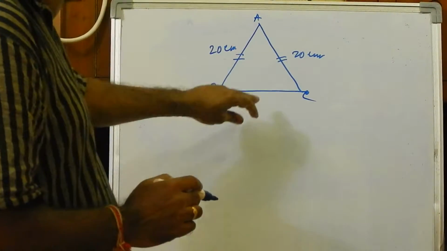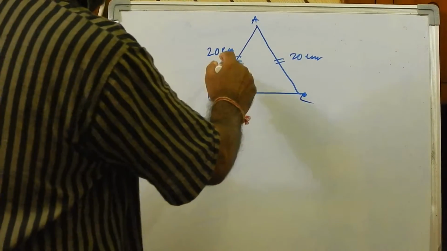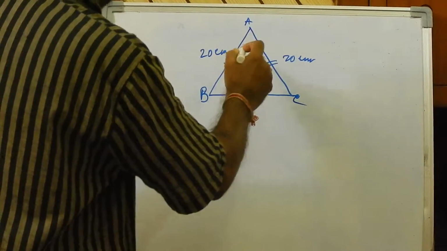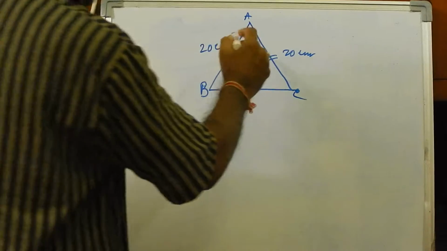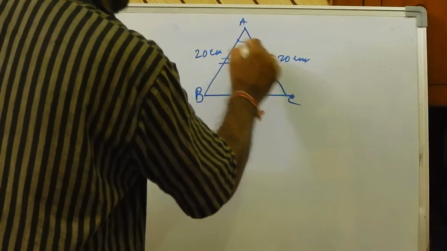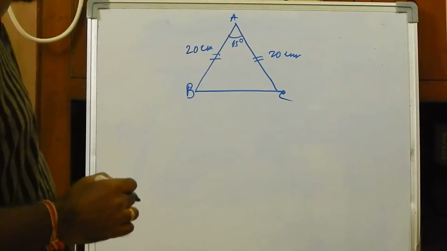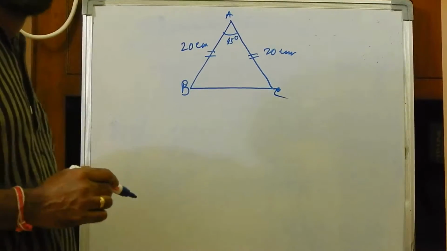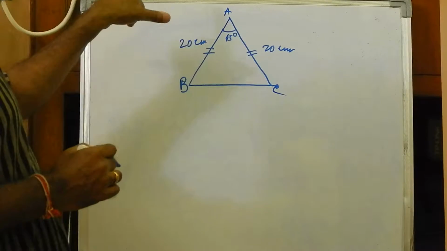And another clue is there, that in between the equal sides the angle is 45 degree. That is the given clue, and we have to find out the area of the triangle ABC.